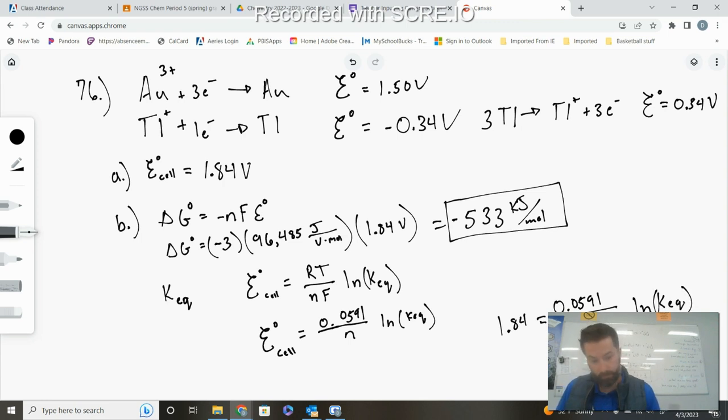Get it all by itself. So multiply and divide, times 3 divided by 0.0591. So I get 777 equals ln of KEQ.